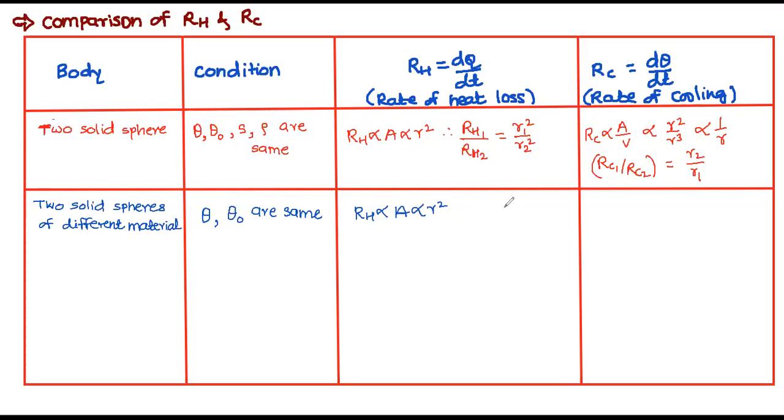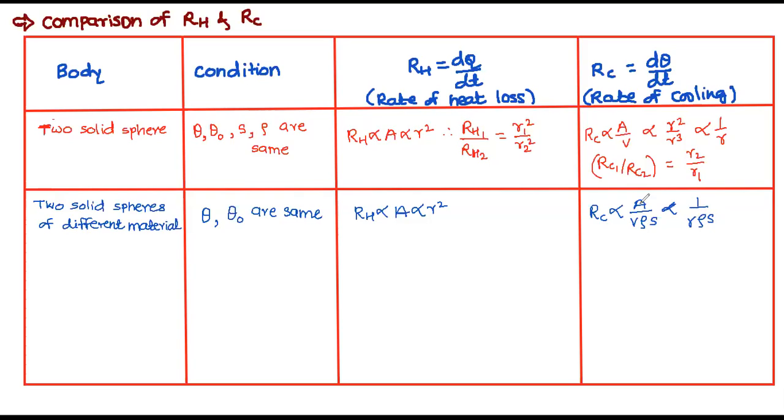And here the rate of cooling is directly proportional to area by volume times rho S. S is specific heat, because we have denoted it so. So it is directly proportional to 1 by R rho S. Why?